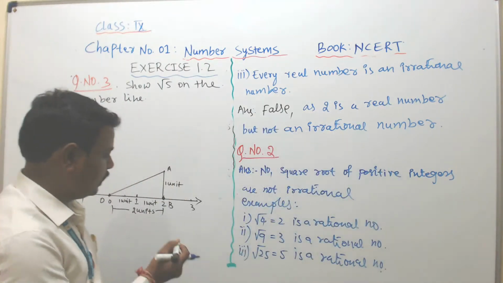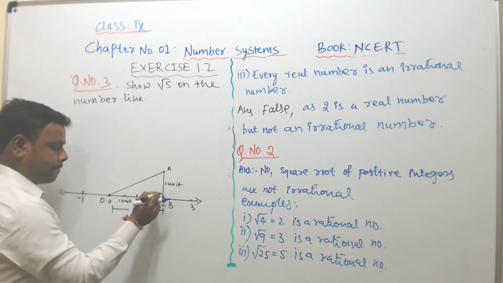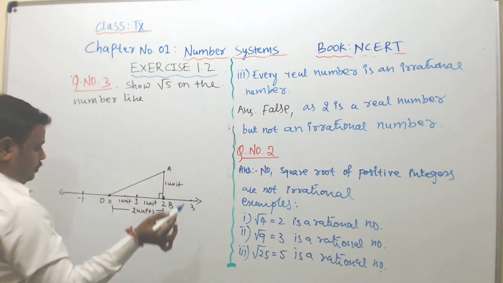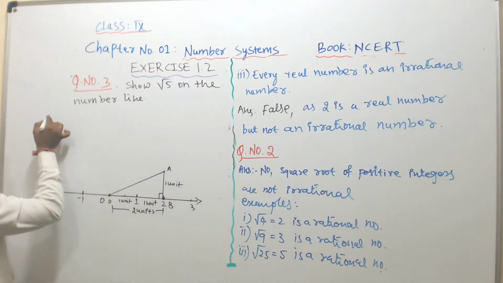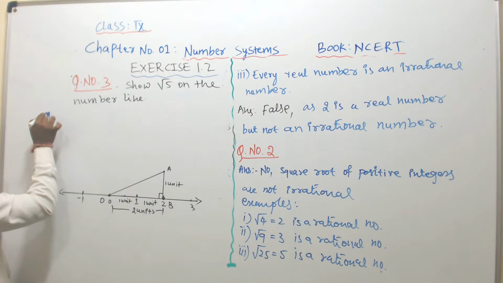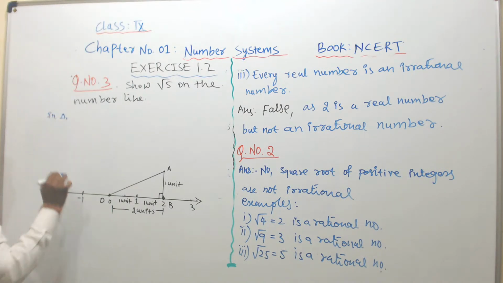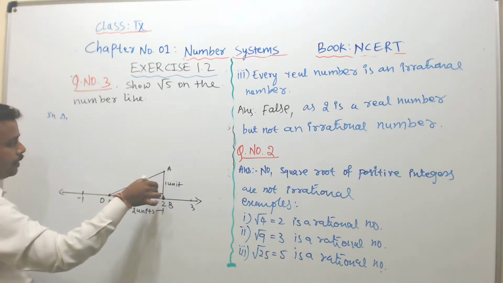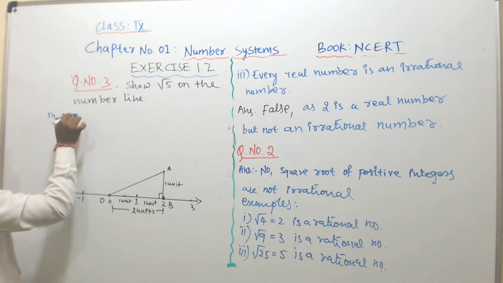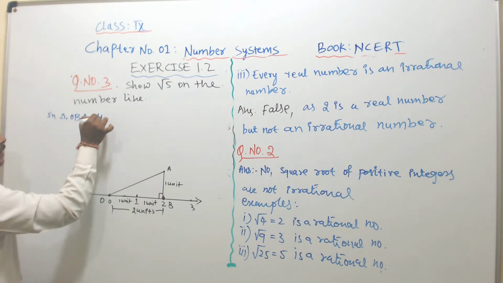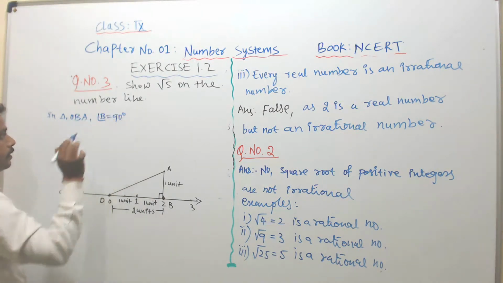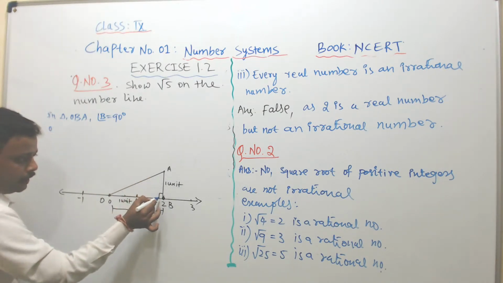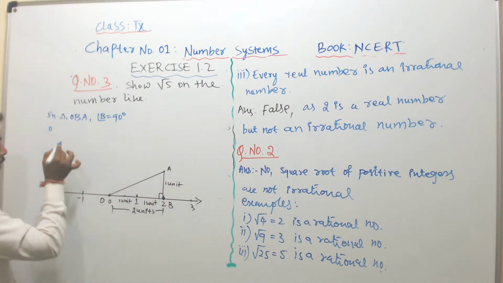Representing root 5 on the number line. Listen, I will explain here. In triangle OAB, angle B is equal to 90 degrees, which means the side opposite, OA, is the hypotenuse.